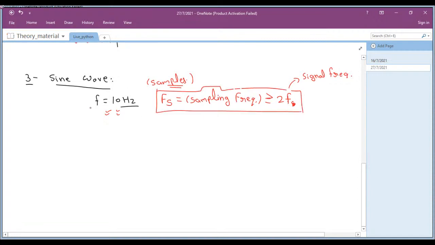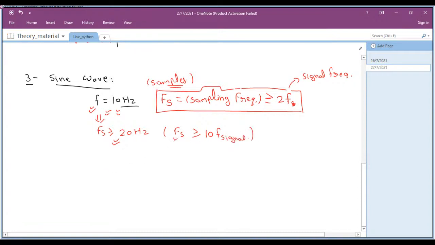Now here we are trying to generate a signal of 10 hertz. So from this formula, fs should be greater than 20 hertz. You can think of it as a threshold, but if you want to plot it, in practice, as I have personally observed, you should take it as 10 times the signal frequency, if you are doing a simulation.